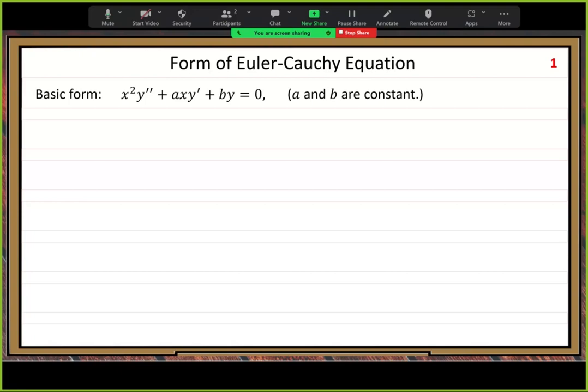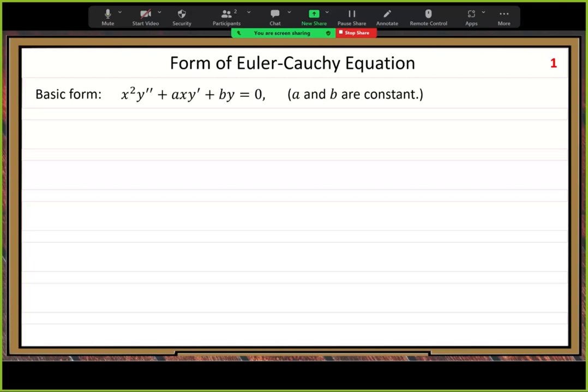It is similar to the way we solved the Bernoulli equation. Do you still remember the Bernoulli equation? How did we solve it? That substitution was very special, right?